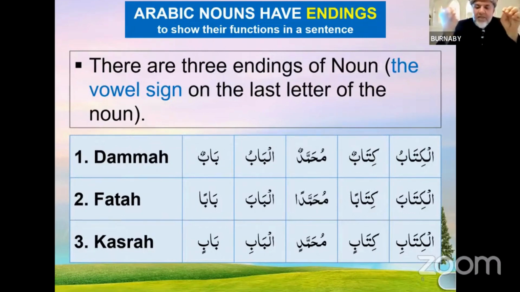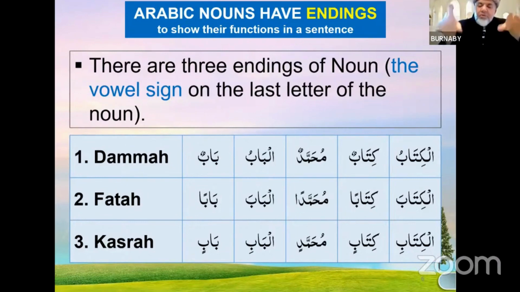If the last letter has Dhamma or Dhammatan, it is Rafa. If it has Fatha or Fathatan, it is going to be Nasab. If it has Kasra or Kasratan, it is going to be the status of Jar. Now, single Kasra, single Fatha, or single Dhamma will be the specific case of a proper noun like Al-Kitabu, right?